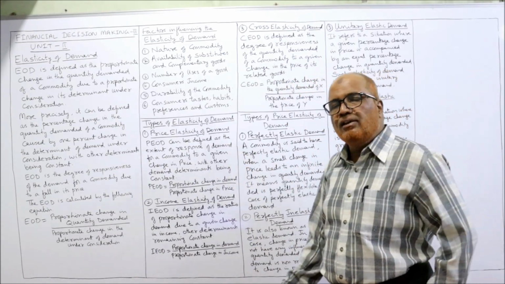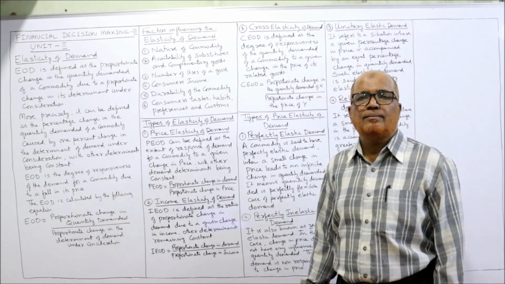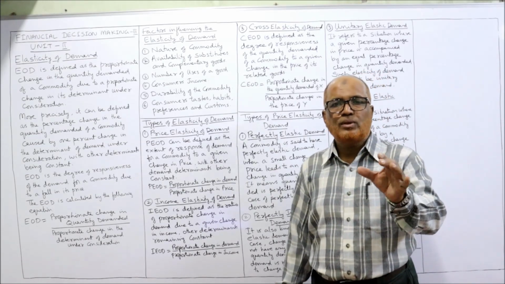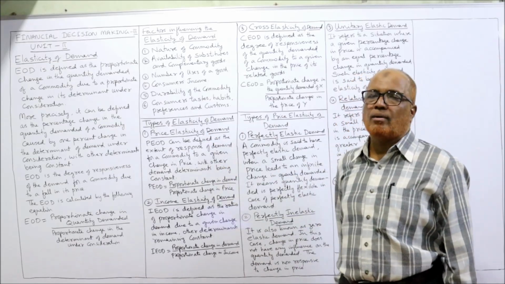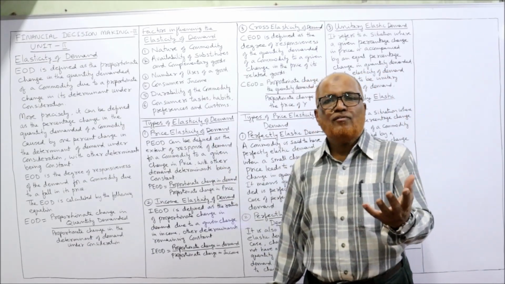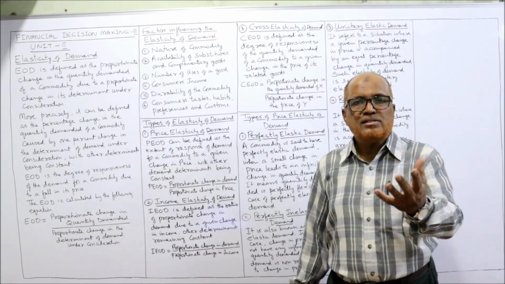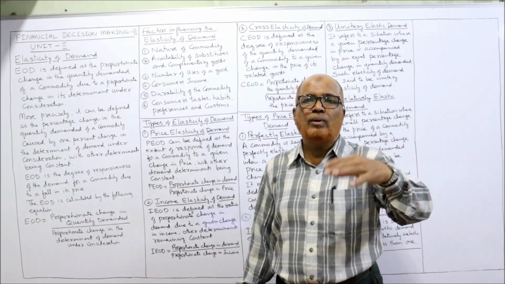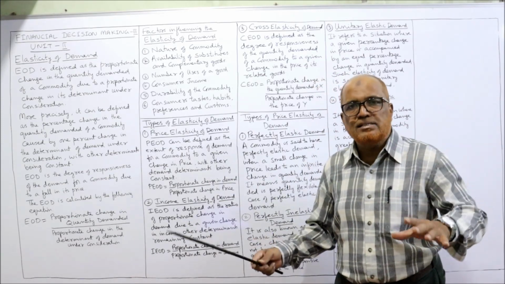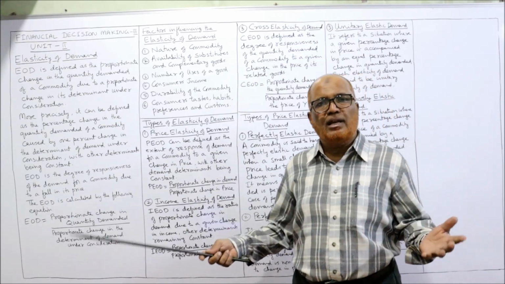Now, factors influencing price elasticity. What are the factors which affect the elasticity of demand? First of all, nature of commodity. The nature of commodity will be different. For example, food. We cannot compare food with AC or food with car. The car is a luxurious item. Without a car also we can live.